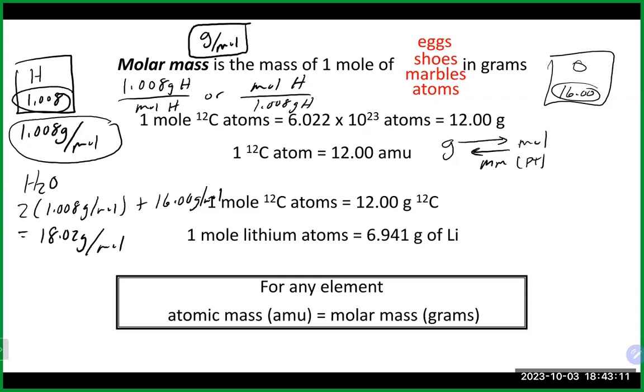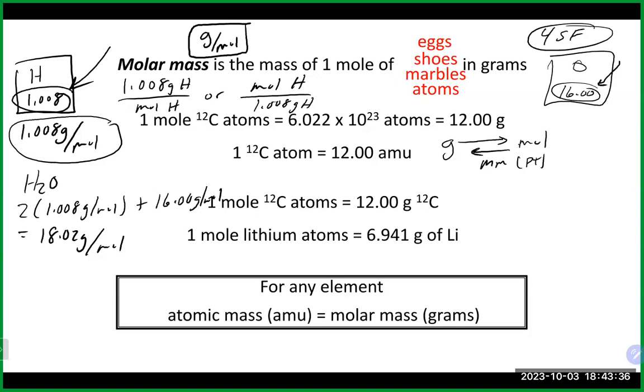Typically speaking, when we go to the periodic table and grab the molar mass from it, about 4 sig figs is typically the number that you should take. Depending on the periodic table you're looking at, you may have more numbers than that. So usually you round to 4 significant figures when we pop it off the periodic table to use. Any questions on that there?